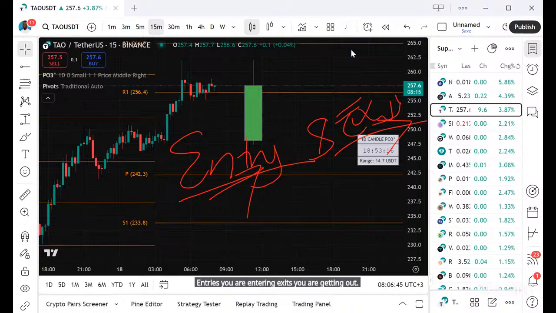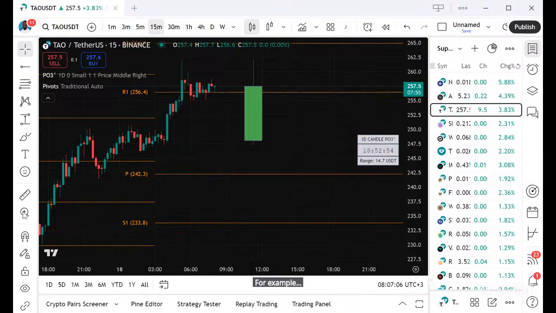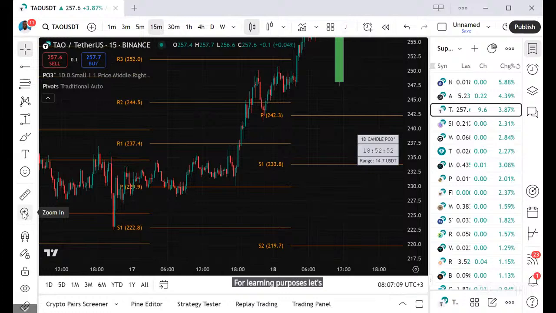Now, if the price is going down, buy near support levels. For example, for learning purposes, let's take this one from the other day.